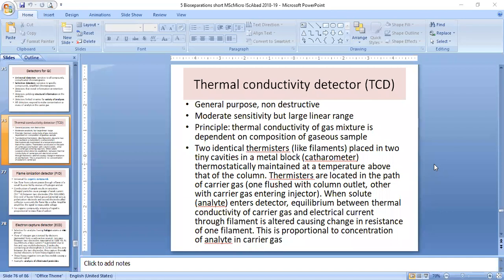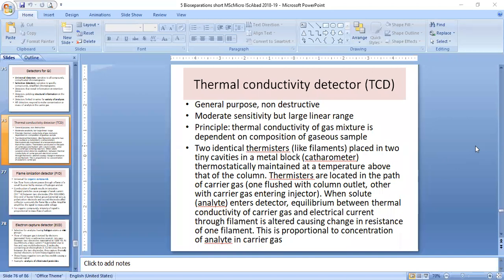The filaments will become either more resistant or less resistant to the flow of electric current. Because of the presence of the sample compound, there is a change in the thermal conductivity of that filament, and because of that, the resistance is altered. This alteration is proportional to the concentration of the analyte. In other words, the more the concentration of the analyte, the more the change in the resistance.